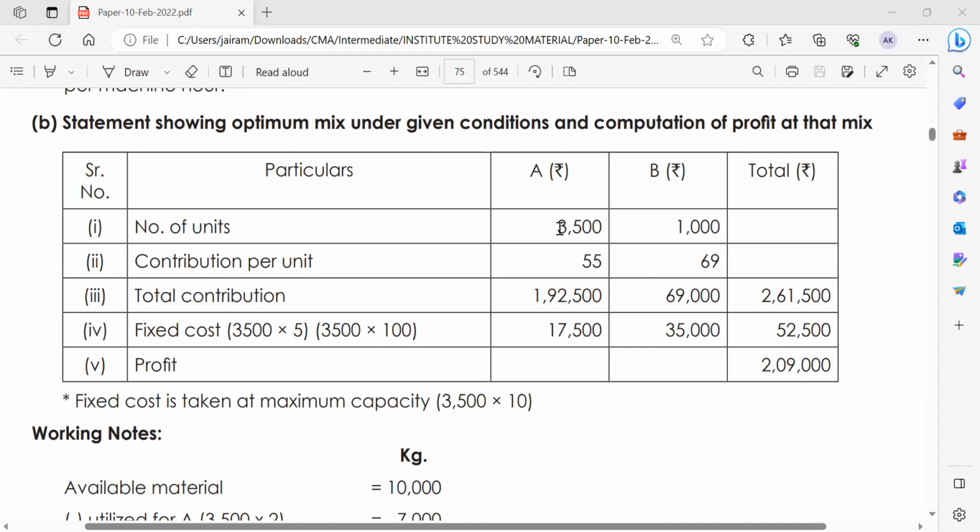Remaining is 3,000. In 3,000 kg, how much B can we produce? For 1 unit, you need 3 kg, so in 3,000 you can produce 1,000. That's how they got this 1,000.